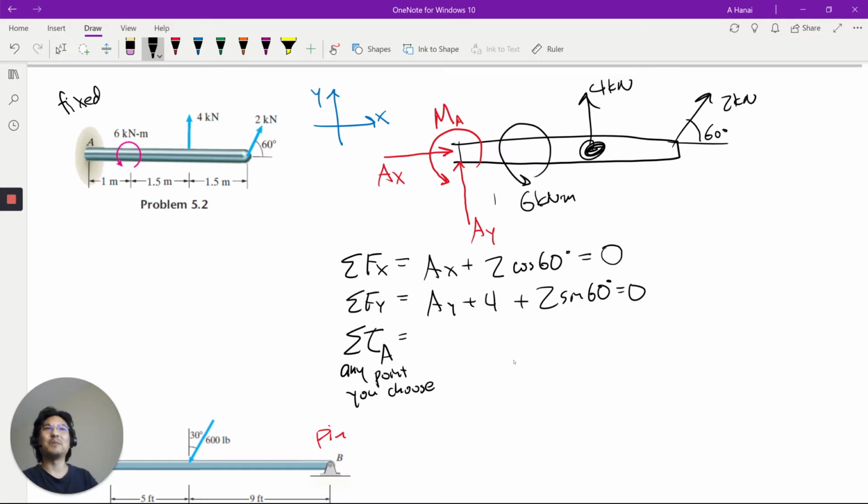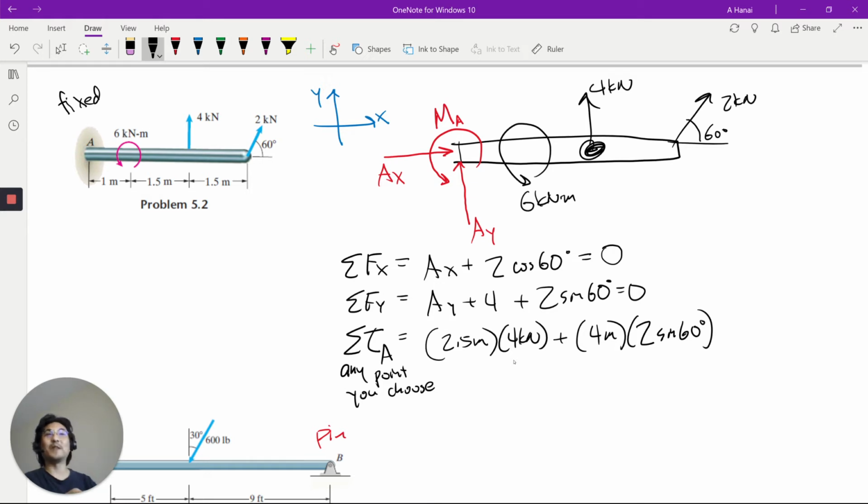Okay, so the torque by this force is 0, by this force is 0. By this force it's 2.5 meters times 4 kilonewtons, and that's counterclockwise, which is positive. And then the torque by this force: only this component provides any torque, so that's 4 meters, and only the vertical component, so 2 sine 60.